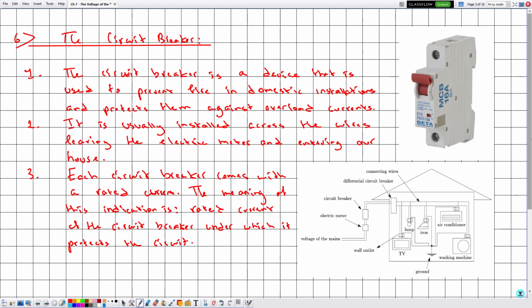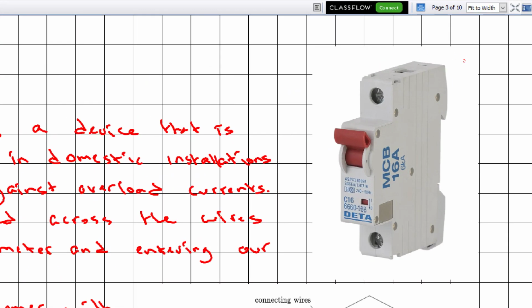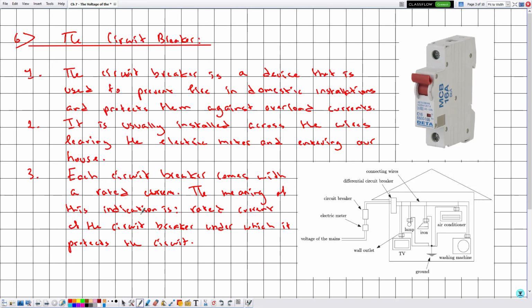Okay, now you can notice that this is similar to the fuse, but what's different between them is that we use this in the case of AC voltage, and the fuse we use in the case of DC voltage.